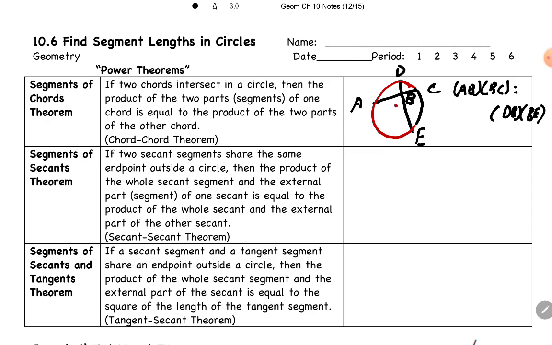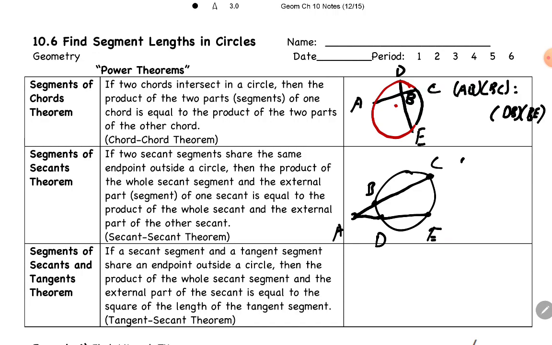And then we're going to have another circle. This time we're going to have two secants. Secants intersect the circle twice. All right, A, B, C, D, E. This one goes like this.